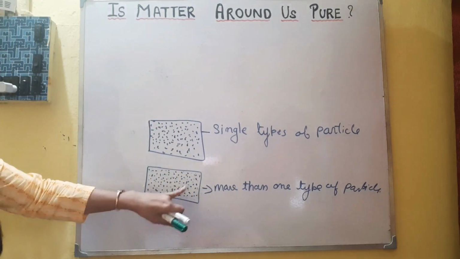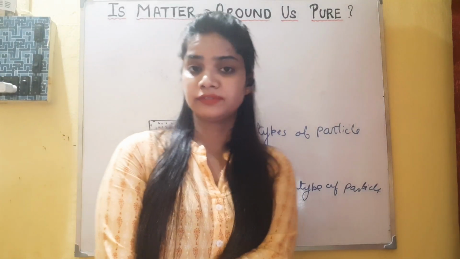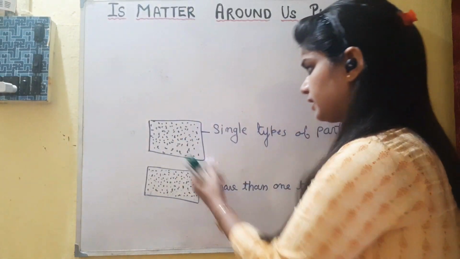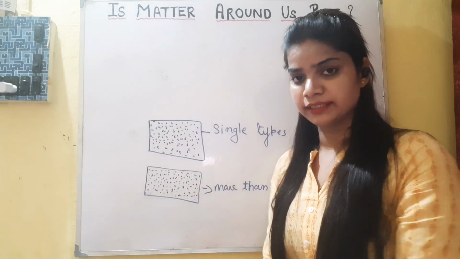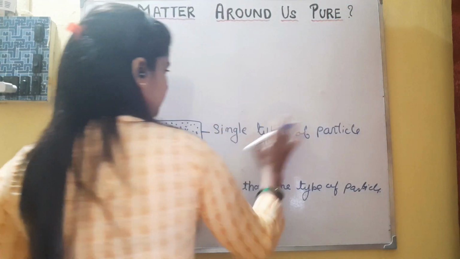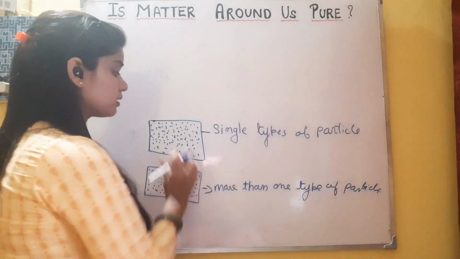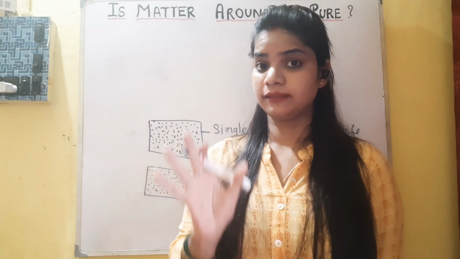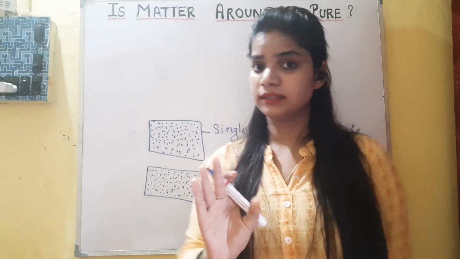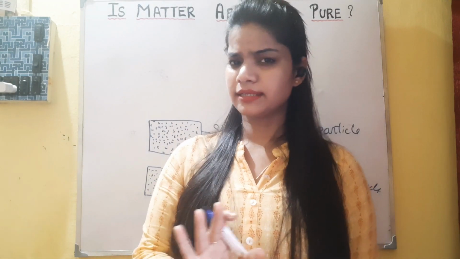Different colors indicate different types of particles, and a single color indicates only one type of particle. So with a single type of particle, the chemical property of that particle would also be the same, isn't it?